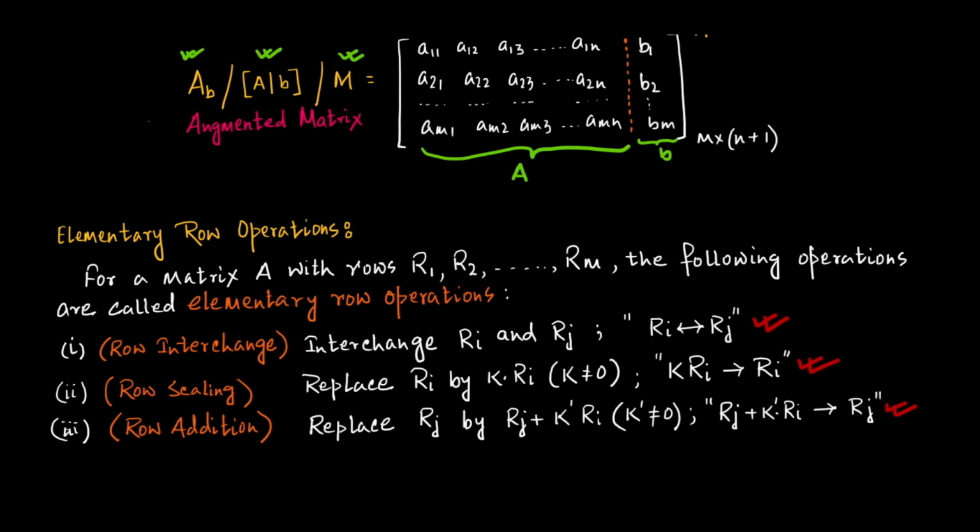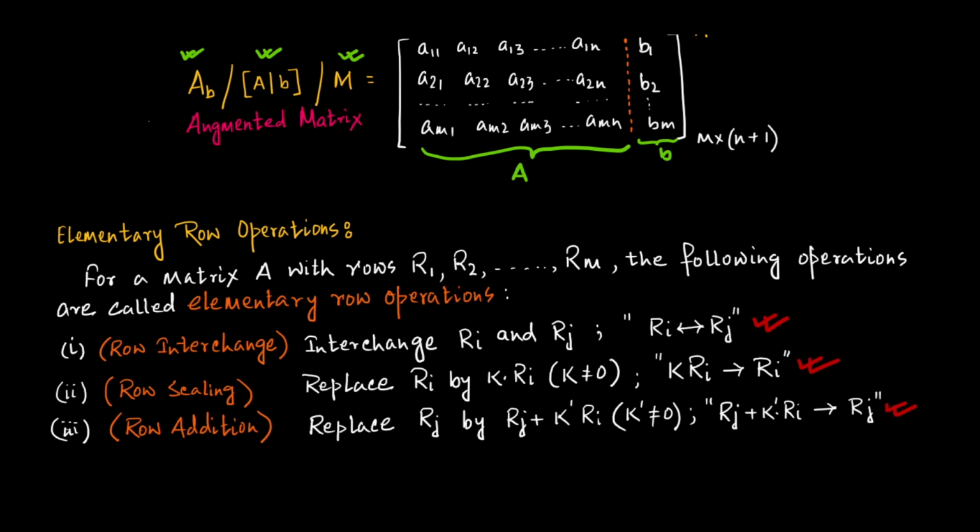And it can further be easily verified that the solution of a system of linear equations and the solution of another system obtained by applying elementary operations on the former system are the same. We say that the system obtained by applying elementary row operations is equivalent to the former one.